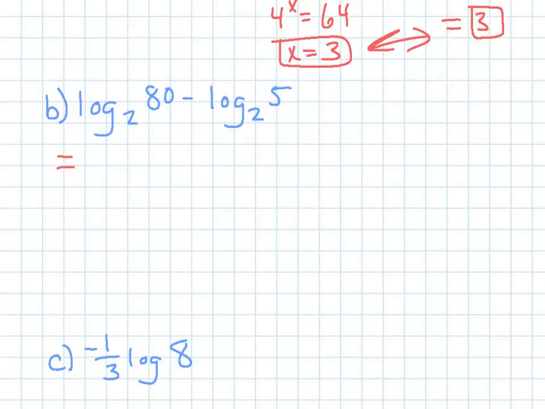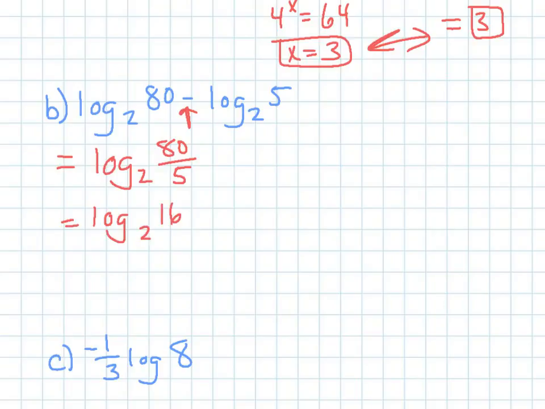Okay, here if I have log of 80 base 2 minus log of 5 base 2, the subtraction here tells me that I can divide. So log of 80 divided by 5 base 2 gives me one single log, and then 80 divided by 5 is actually 16. So then I can simplify that if it's possible for them to go into each other. So then now I can do the same thing that we did up there.